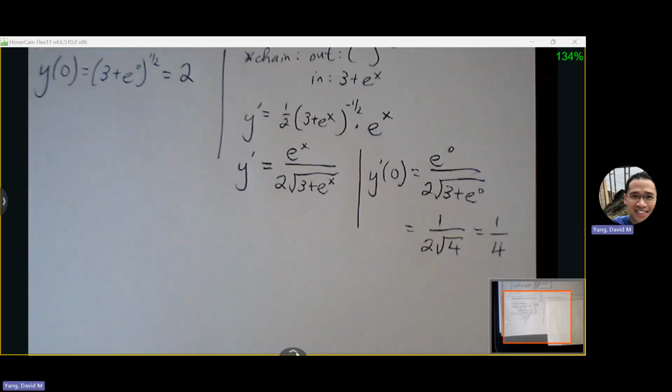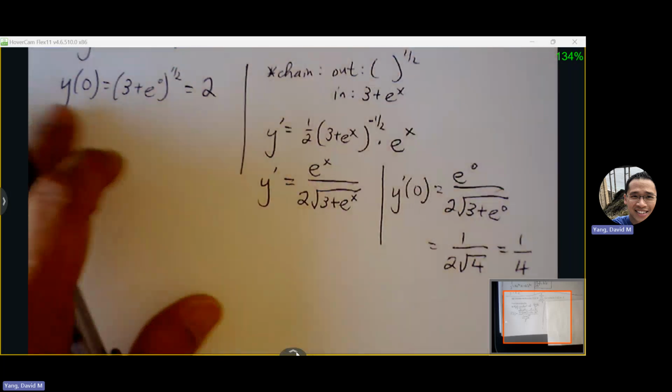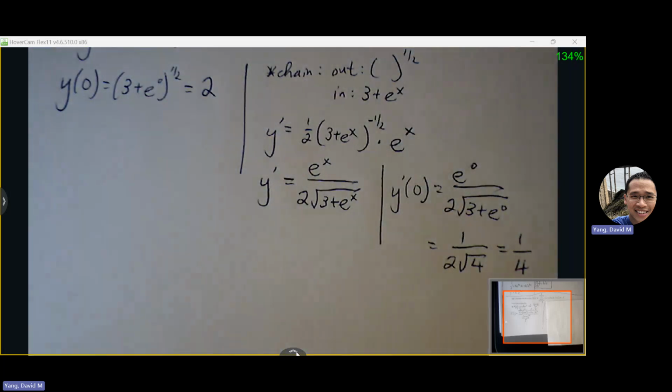Okay, so we have enough information to build our tangent line. We have our ordered pair. We have our slope, point slope form.